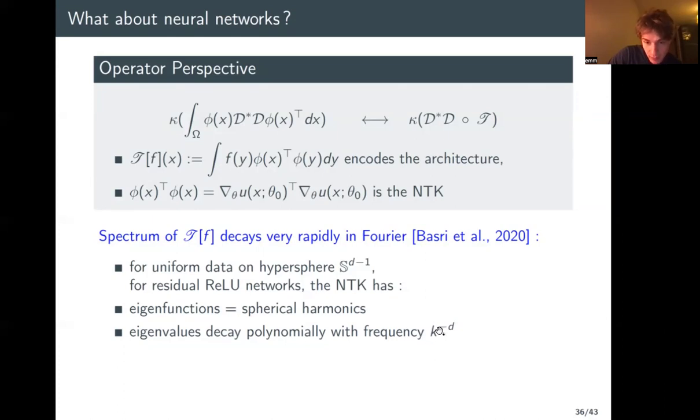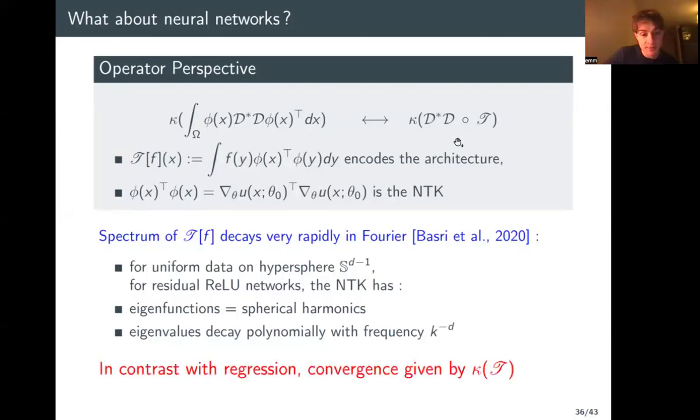So the frequency decreases as k to the minus d, the dimension of the hypersphere. So we can actually leverage all the analysis in the NTK setting that was done, particularly here.